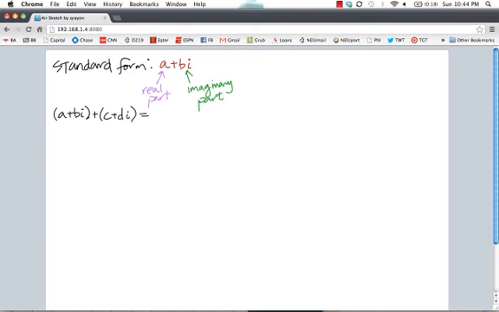We can add these together by combining the real parts together and then combining the imaginary parts together. So adding the real parts, then adding the imaginary parts together.